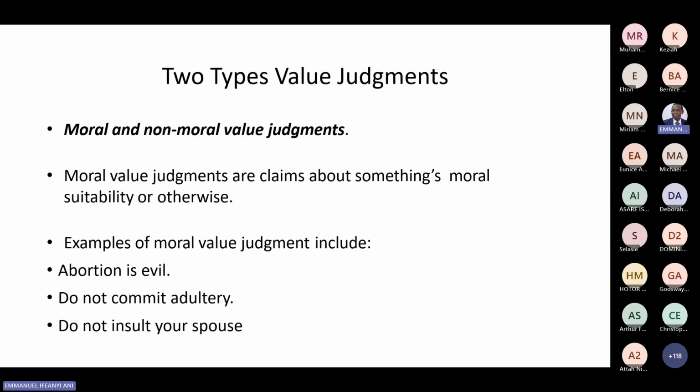So, two types of value judgments. We have moral and non-moral value judgments. Now, the moral value judgments are claims about something's moral suitability or otherwise. Examples: abortion is evil.